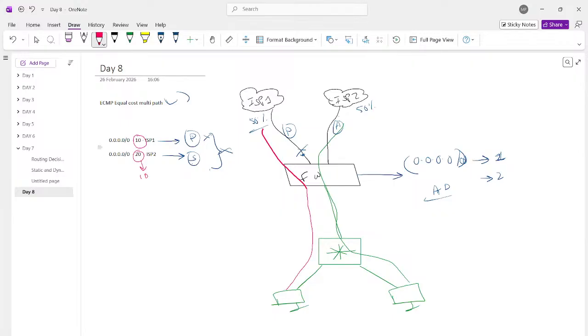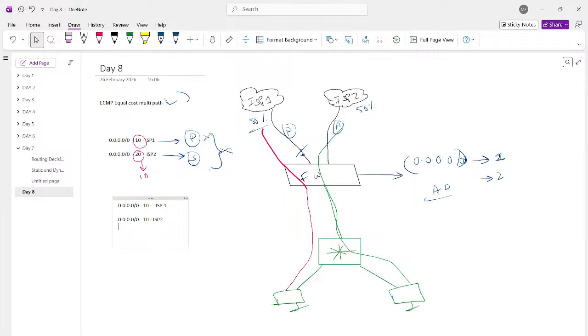Why will FortiGate check for equal cost multipath? When your prefix is the same, your prefix meaning subnet mask is the same, then your AD value is the same, then it will choose your path. Suppose this is ISP1, then for the second ISP also the prefix is the same and the AD value is again 10, for ISP2.